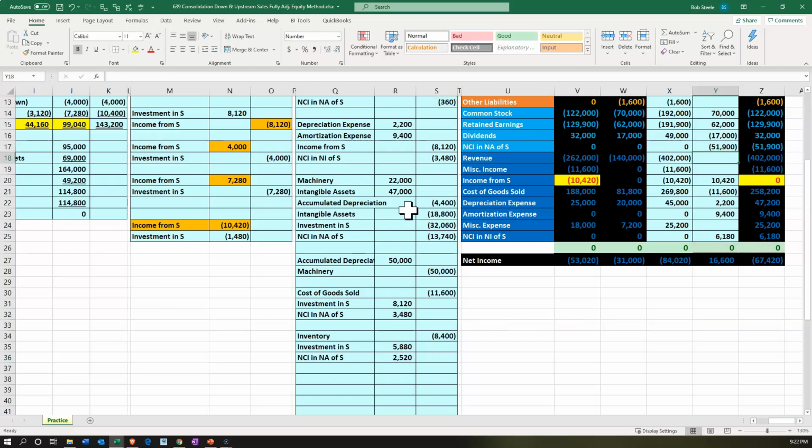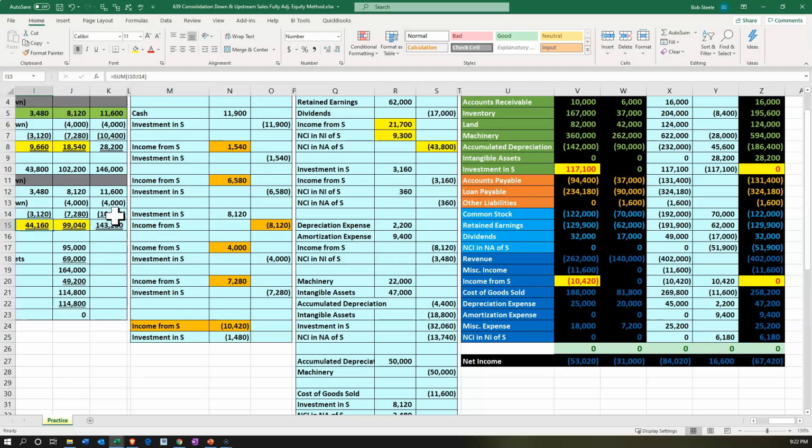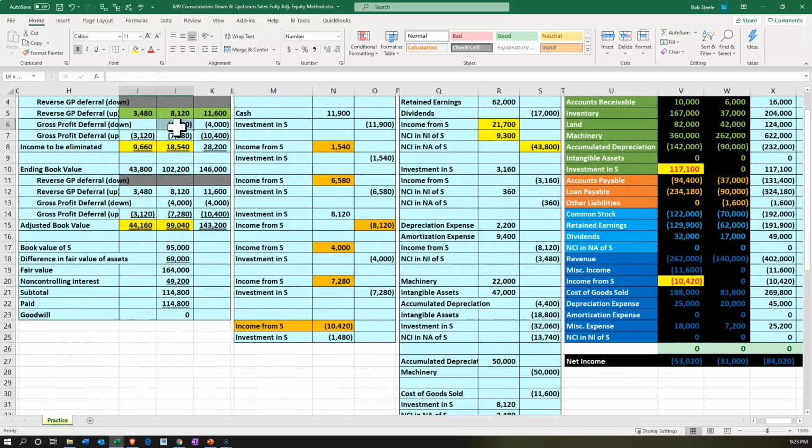And then we can do what we would normally think about at the end of the process here, and that's we're going to take a look at these items, which are going to reverse basically the inventory of the 14.4 and deal with the fact that the revenue has been overstated, right? We've got the intercompany revenue. So I'm going to reverse the revenue and the cost of goods sold and the inventory with these numbers here.